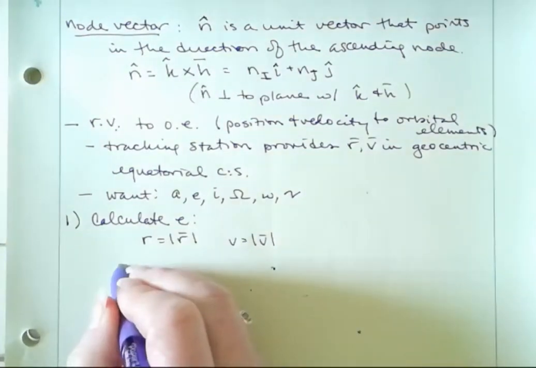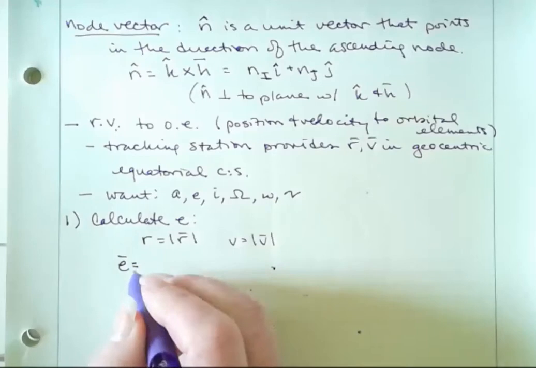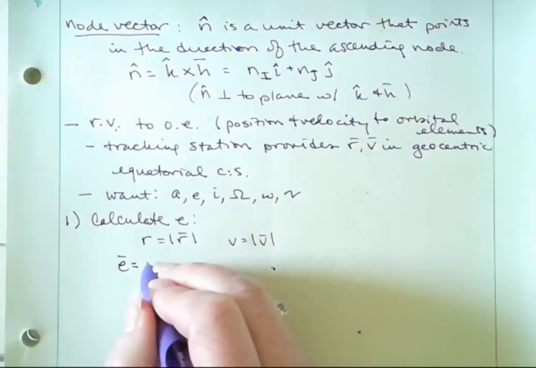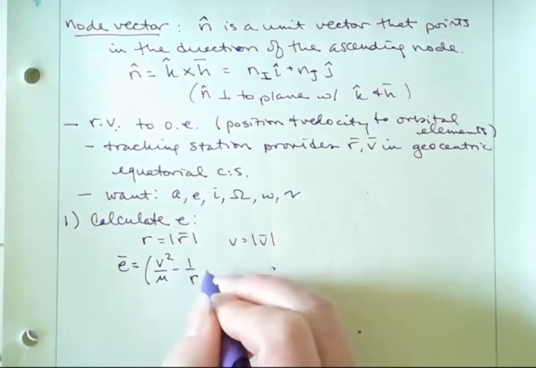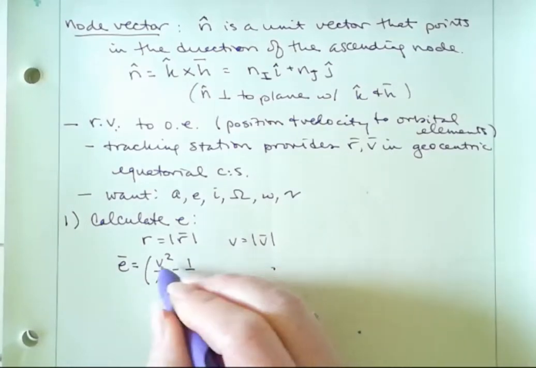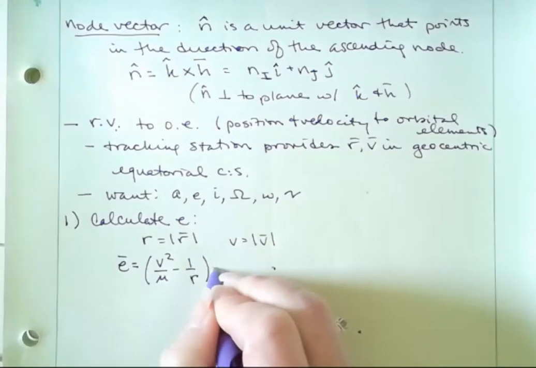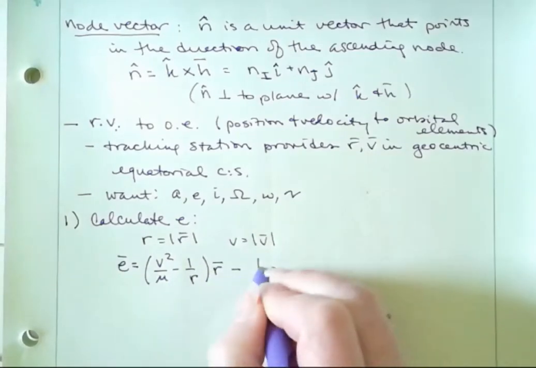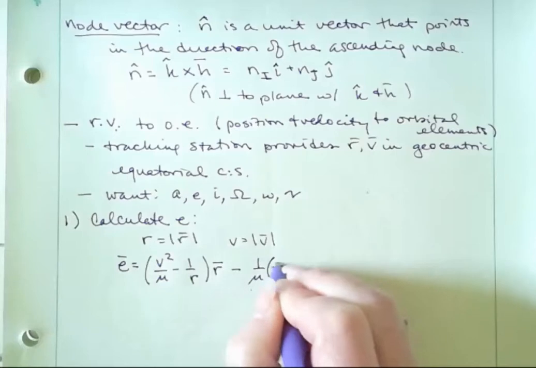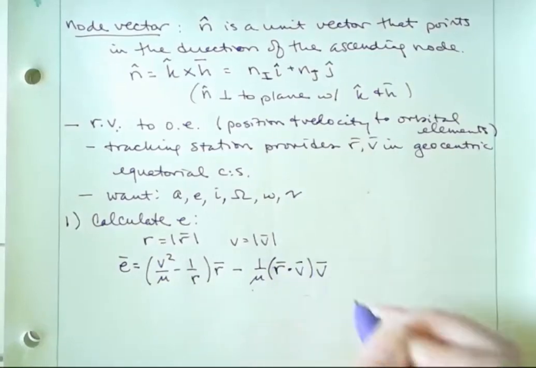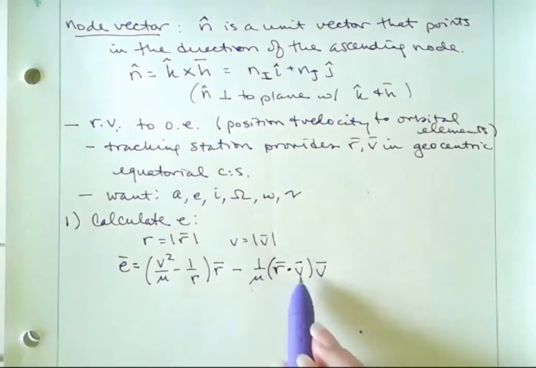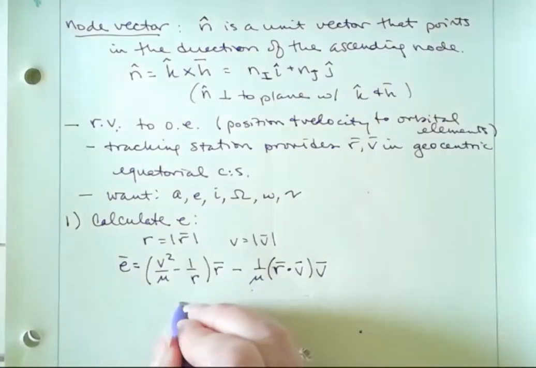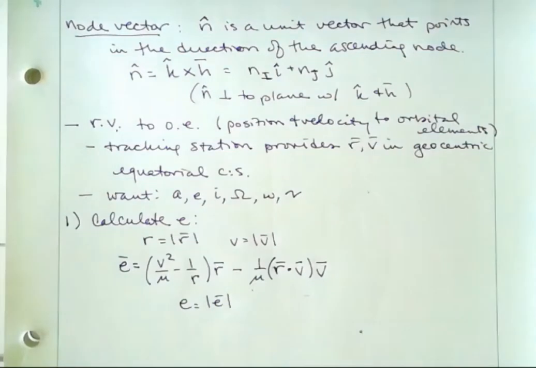Then we've got that eccentricity vector: (v squared over mu minus 1 over r) times the position vector, minus 1 over mu times r dotted with v times v. You're going to plug everything in, and then once you get this vector, you're going to take the magnitude of it.